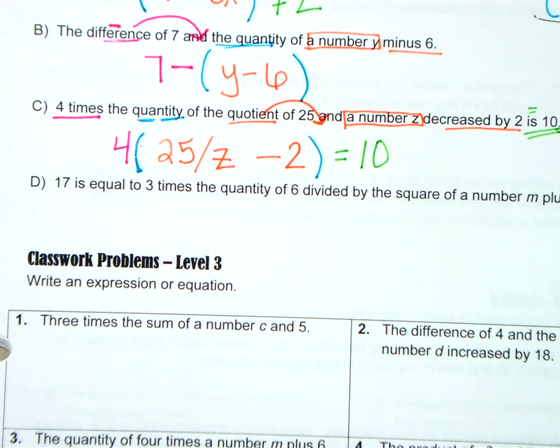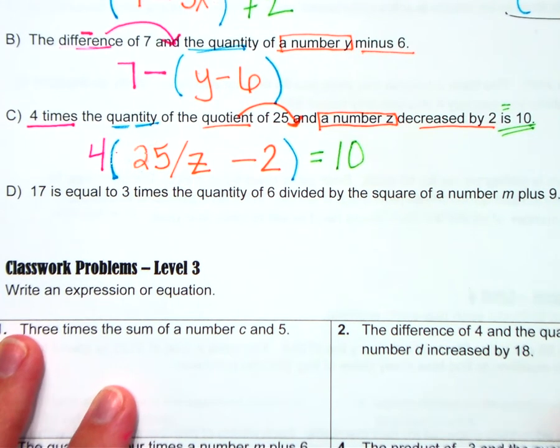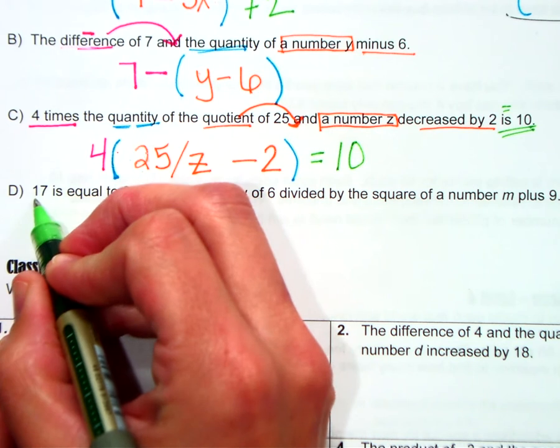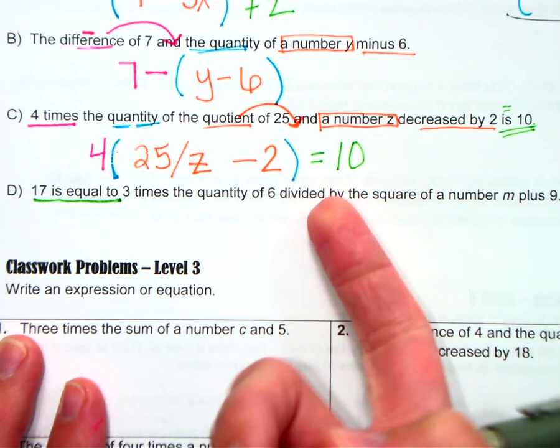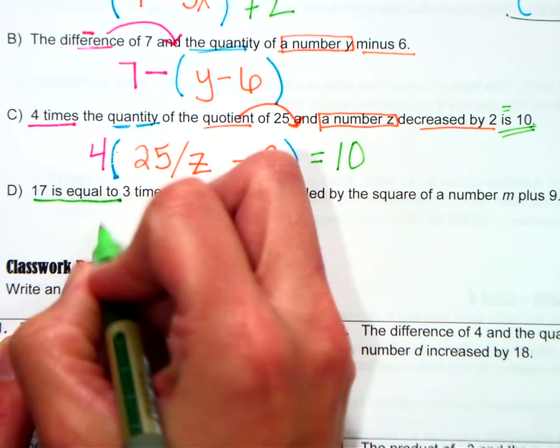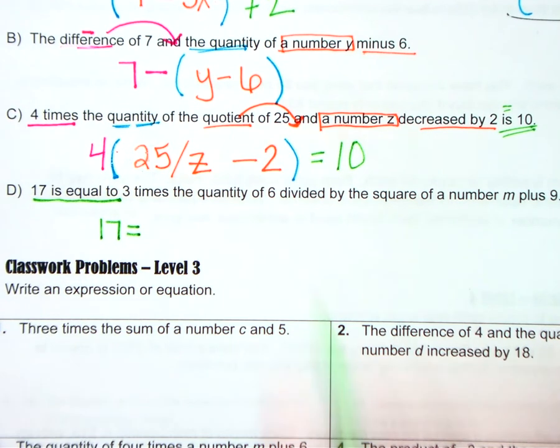Okay. This one's so long it barely fits on my paper. 17 is equal to, so let's start with that one, kind of goes backward to the one that we just did. So 17 is equal to, that part was pretty straightforward. Now I'm going to pause to see if you can read the next part and write it down.